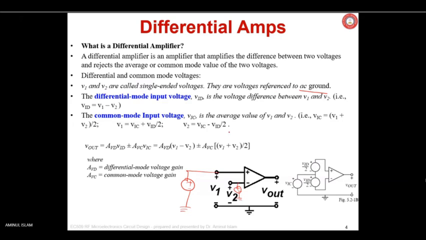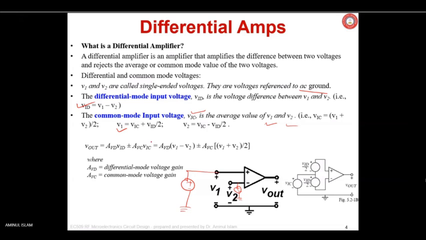The differential mode input voltage VID is the voltage difference between V1 and V2, that is, VID equals V1 minus V2. The common mode input voltage VIC is the average value of V1 and V2, that is, VIC equals (V1 plus V2) by 2.